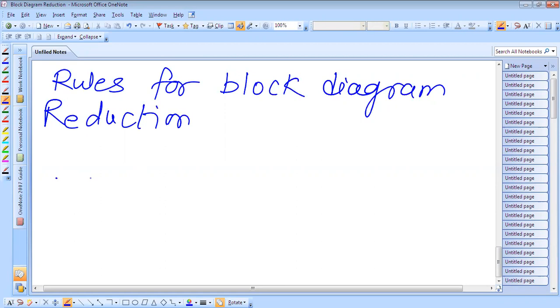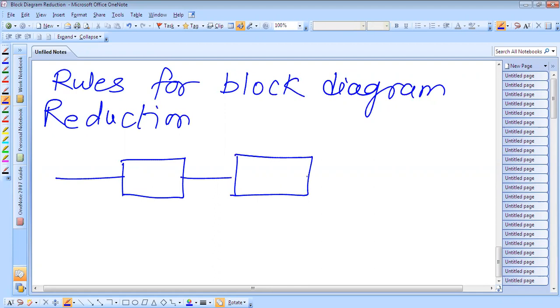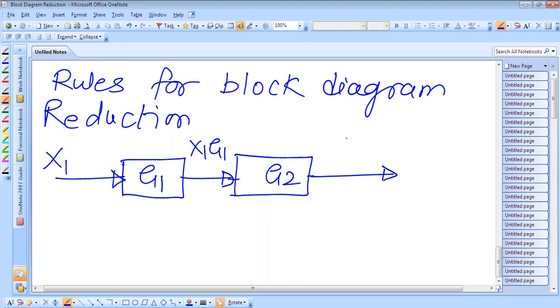Suppose two blocks are there with gains G1 and G2, and the incoming signal to the first block is X1. The output of the first block is the gain times the incoming signal, so X1 G1. The output at the end is X1 G1 G2.